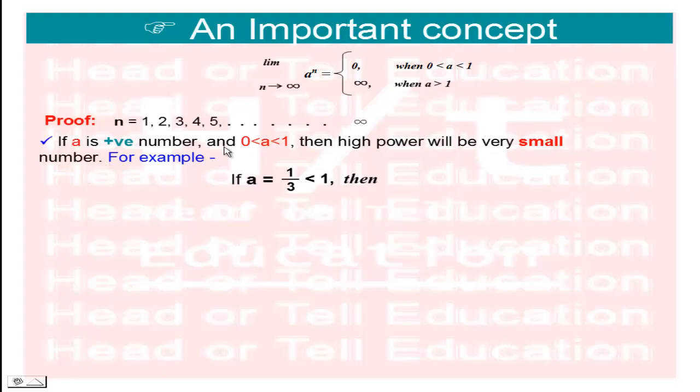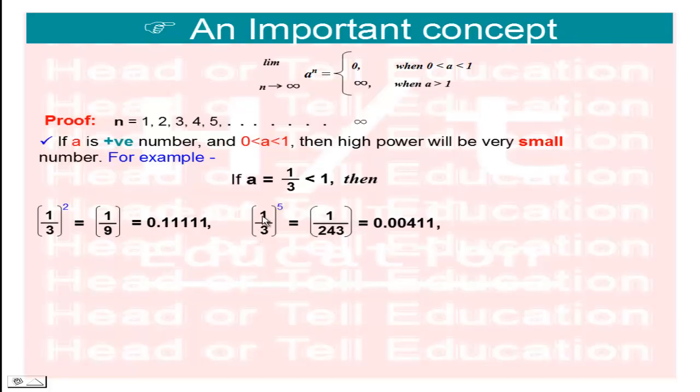For example, if a equals 1 upon 3, which is less than 1, then with power 2, the result is 1 by 9, and if we divide we get 0.1111 and so on. Now increase the power: 1 upon 3 to the power 5 is 1 upon 243. Again divide, and we receive 0.00411.